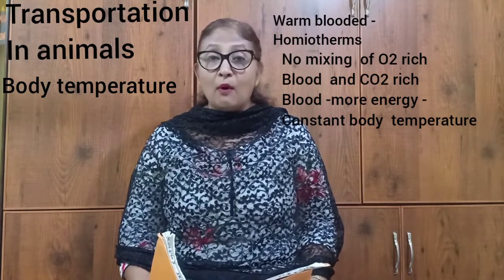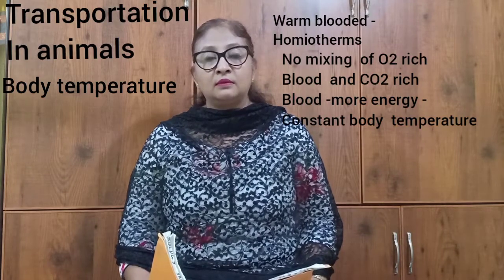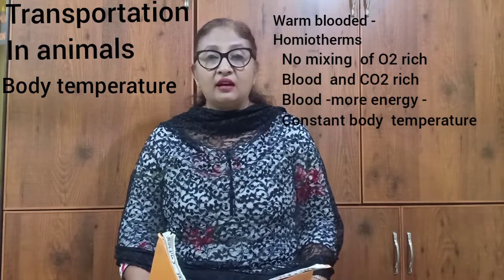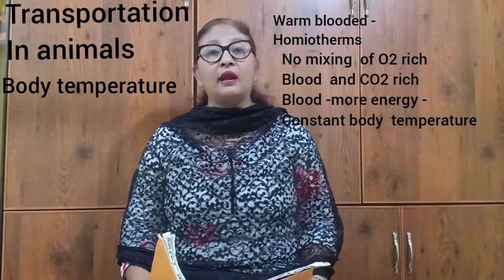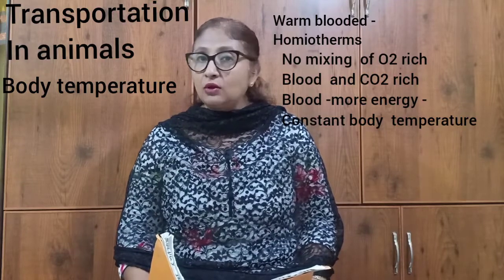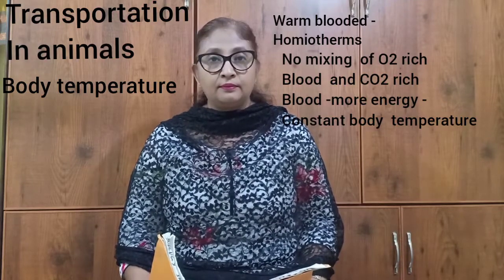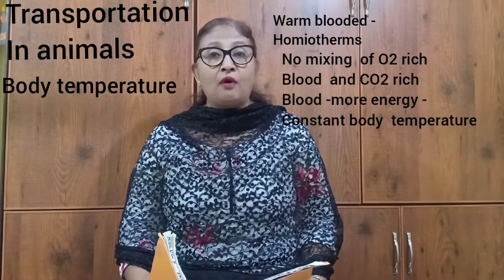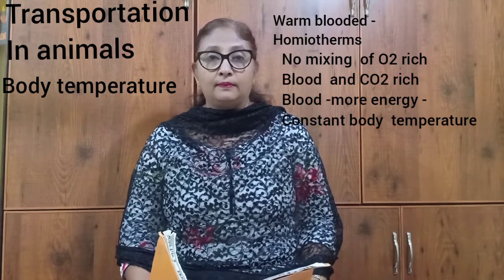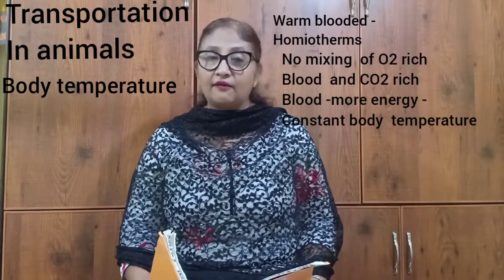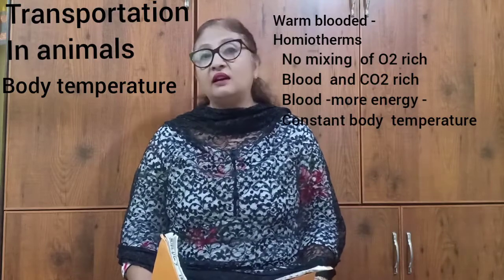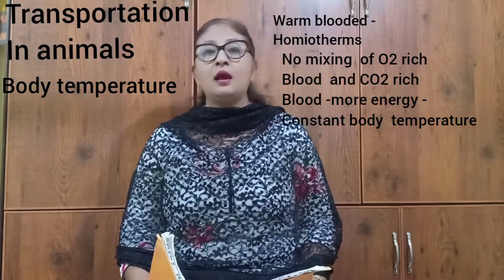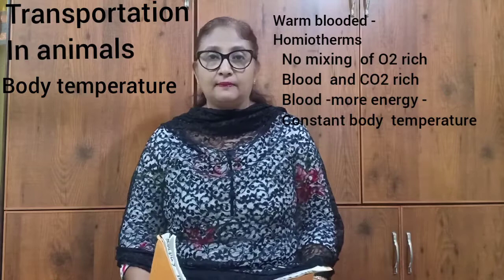This is possible because they have a lot of energy, and this is possible because there is no mixing of blood. When there is no mixing of blood, the amount of oxygen in the blood is more, and therefore a lot of energy is released, and this energy is utilized to maintain a constant body temperature.